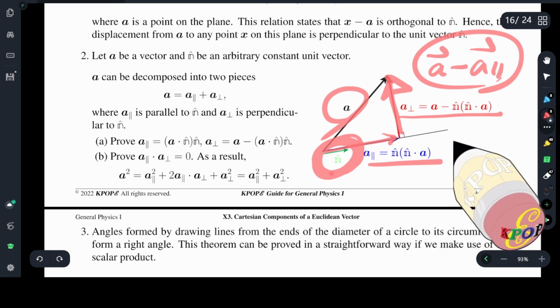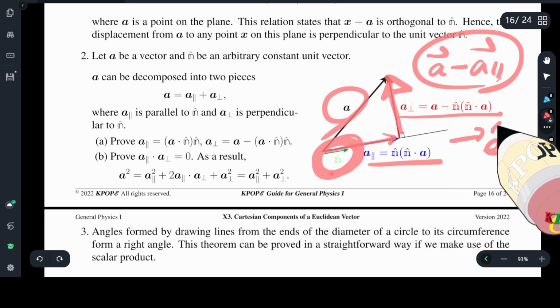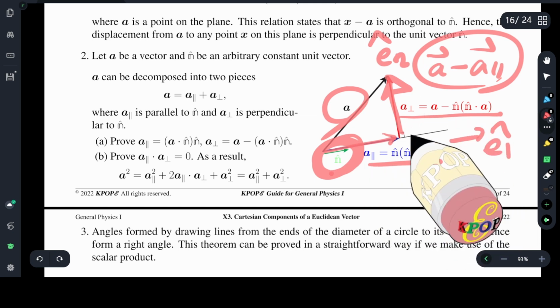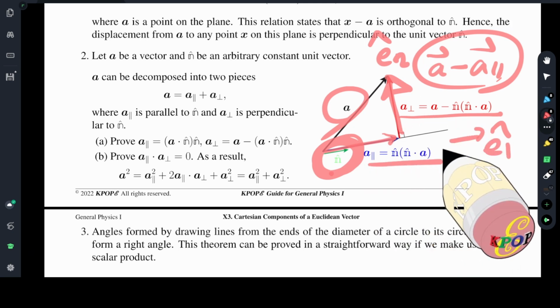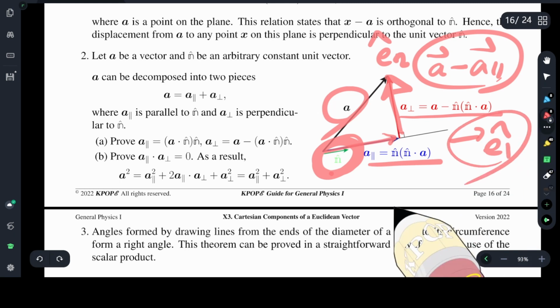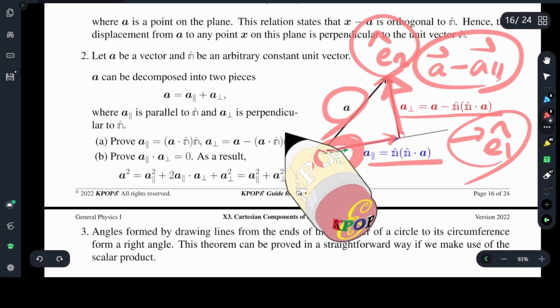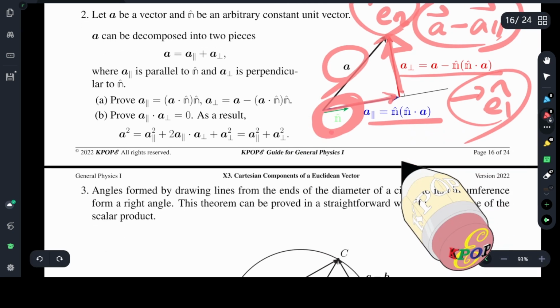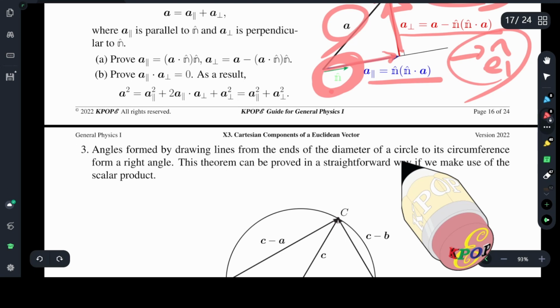This is a way of finding unit vectors. After you obtain this, you just divide it by its own magnitude. You will find the unit vector of the Cartesian coordinates and the other Cartesian basis vectors. This is called Gram-Schmidt orthogonalization. We will study it further later when we study rotation.